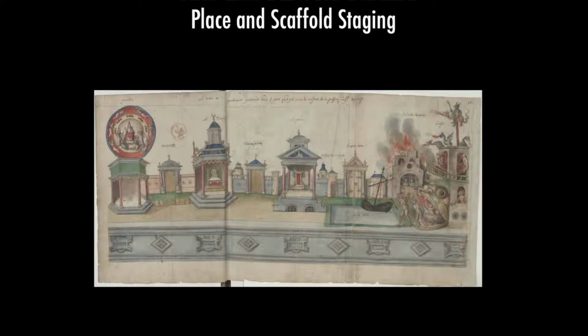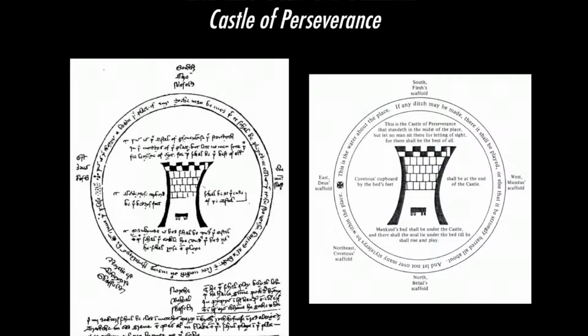In others, the actual performance space would be circular in nature and would have scaffolds constructed on the outer portions of the ring, as well as some constructed within the place itself, the place being that undifferentiated performance space that's between the stages.